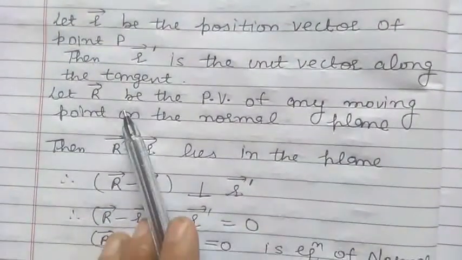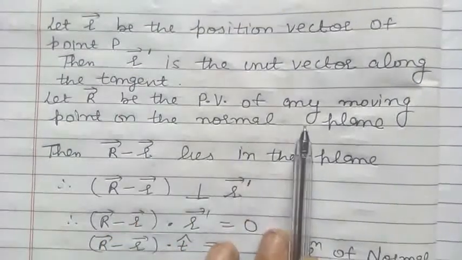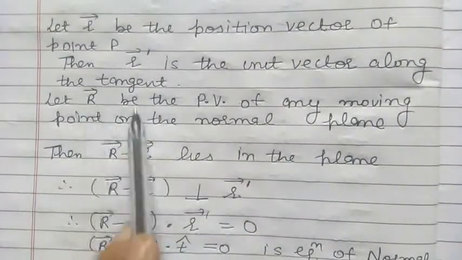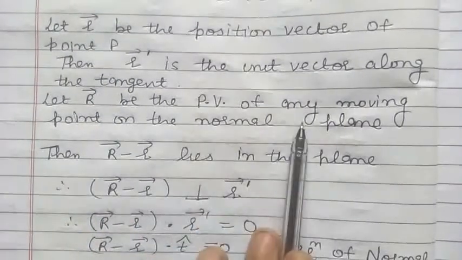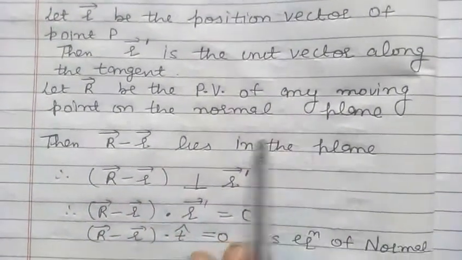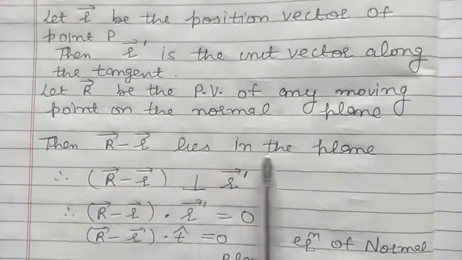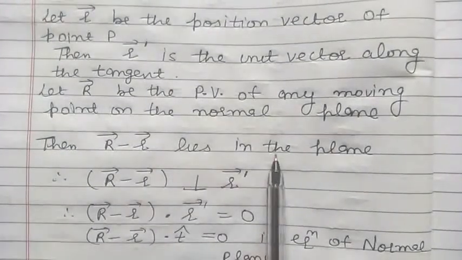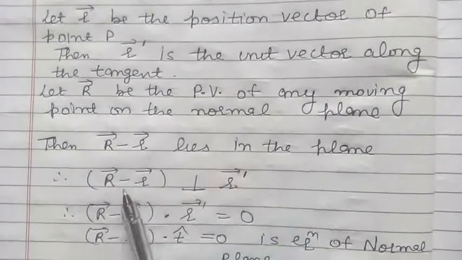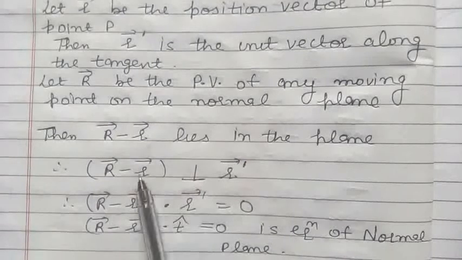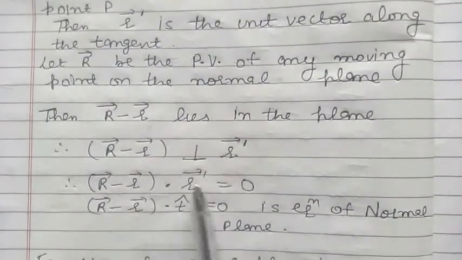Let us take a current point on the normal plane, and its position vector we have denoted by the vector R. This is the position vector of moving point on the normal plane. Now again the vector joining the two points lies in the plane. So because this lies in normal plane, it will be perpendicular to unit tangent vector, and now the vectors are perpendicular, so their dot product will be 0.